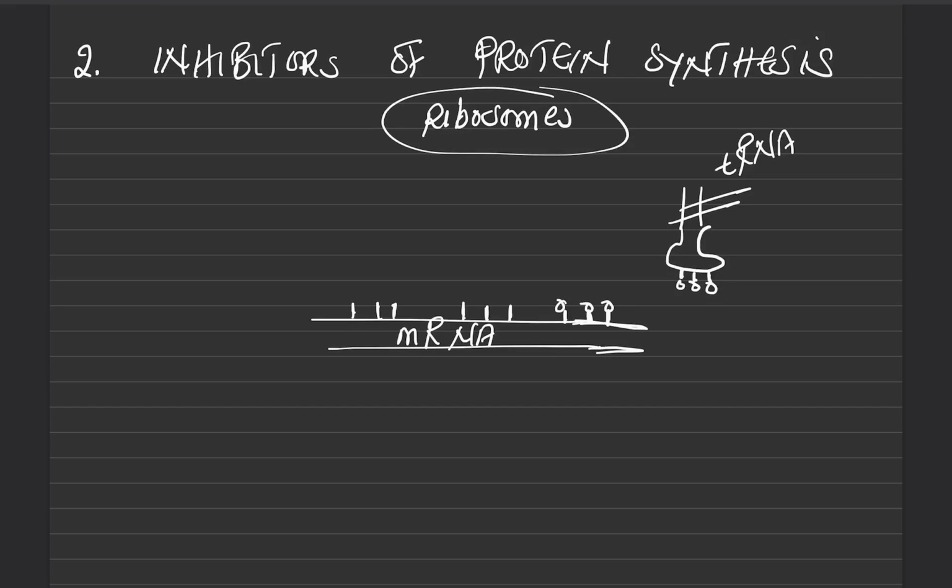So when transfer RNA brings this anticodon here, it must be a match, it must be correct. But of course this transfer RNA comes carrying a particular amino acid.